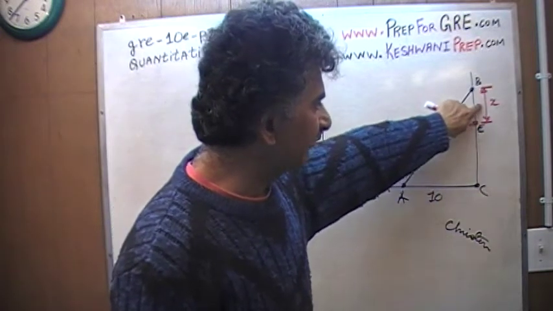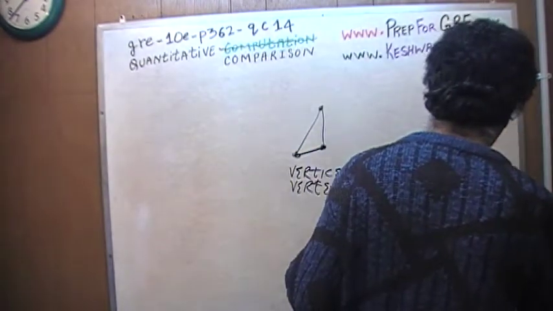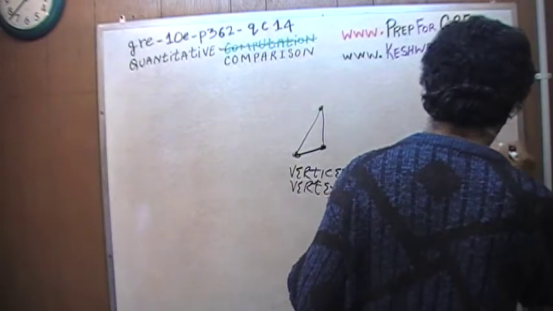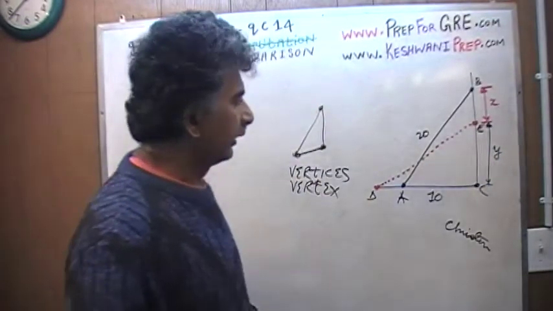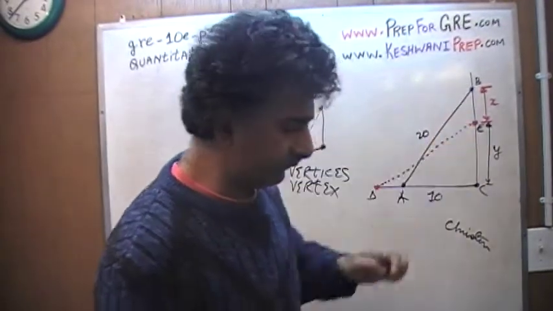Since this top distance is X, I'm going to call that Y. So again, B to C all together is X plus Y.